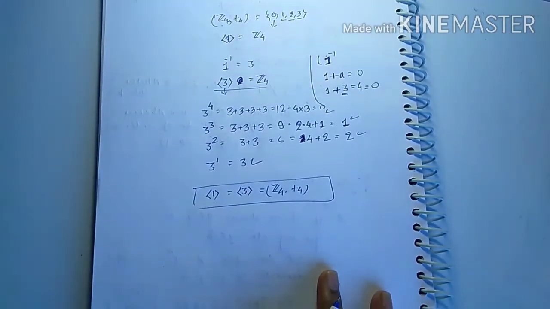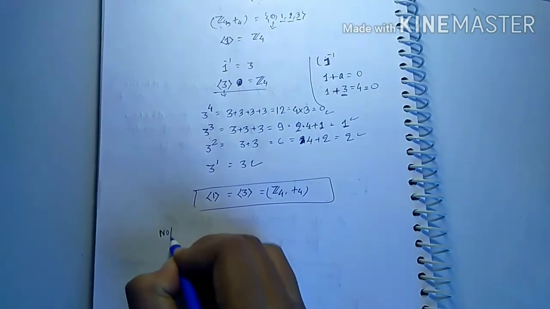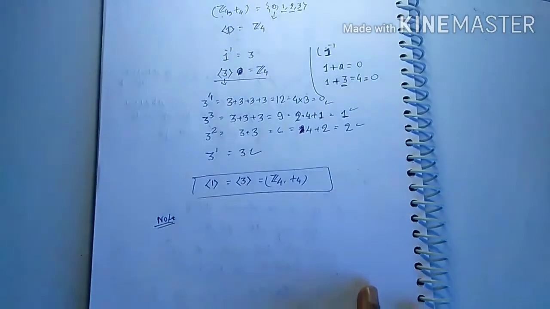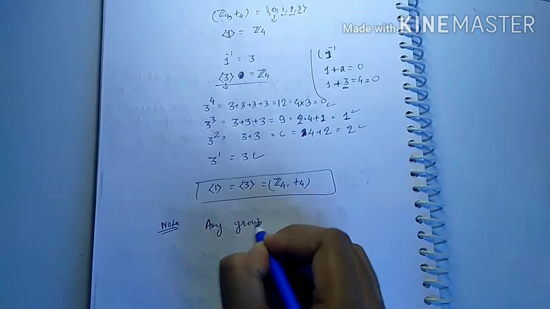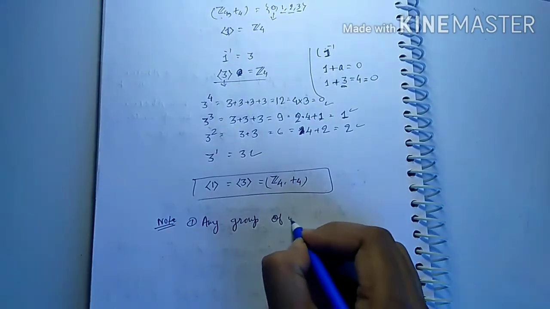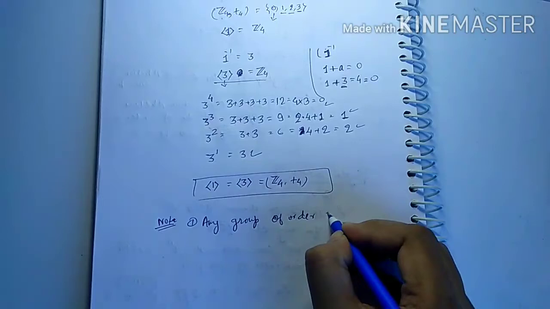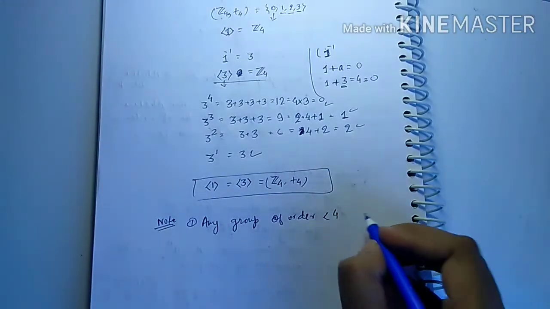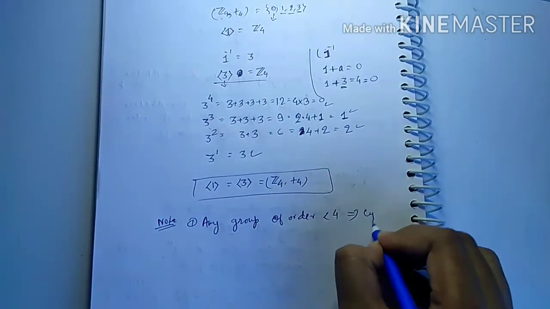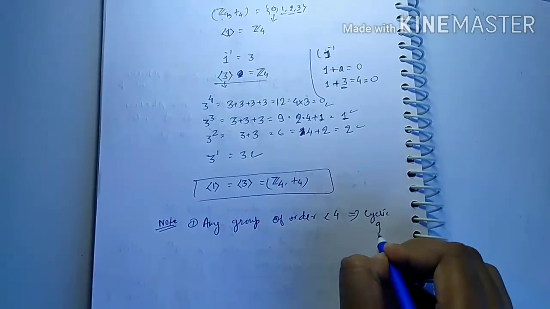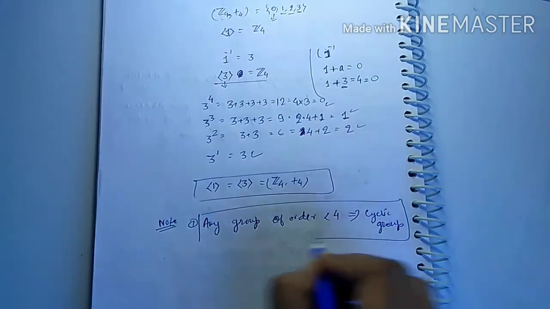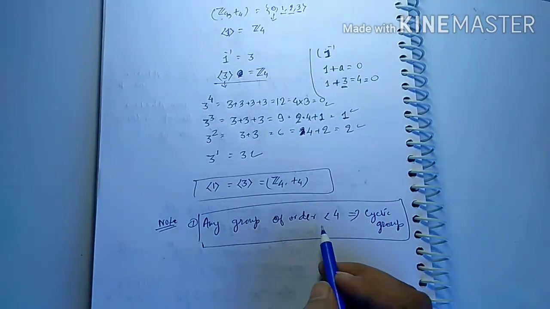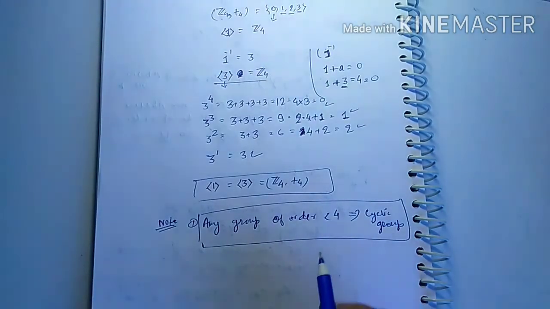Now here is another note. Any group of order less than 4 must be a cyclic group. Any group of order, that means 1, 2 and 3, is always a cyclic group.